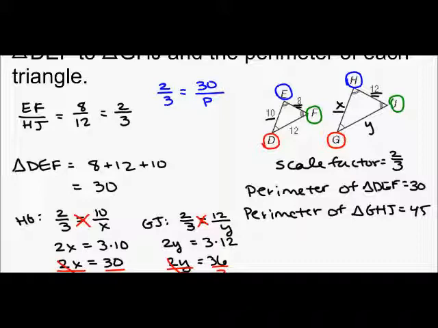I'm going to call it P. Cross multiply, so 2P equals 3 times 30 is 90. Let's make that look like a 0, not a 6. So 2P equals 90. Divide by 2, and my second perimeter is 45.